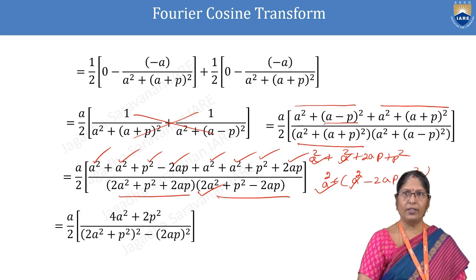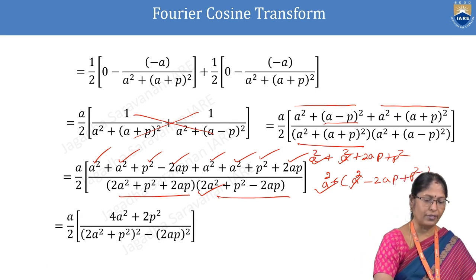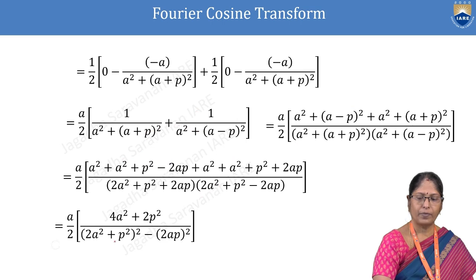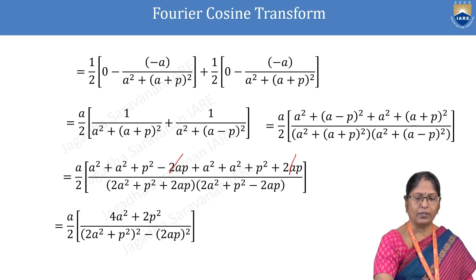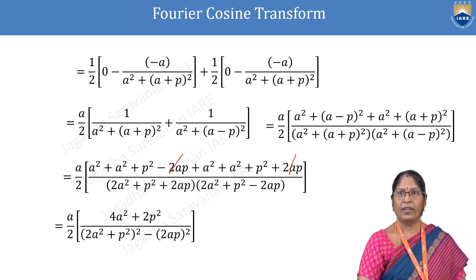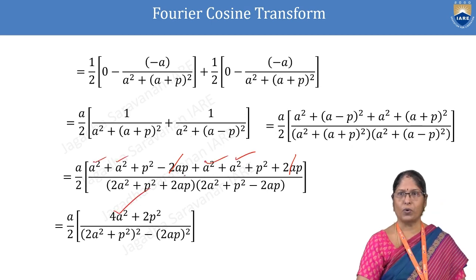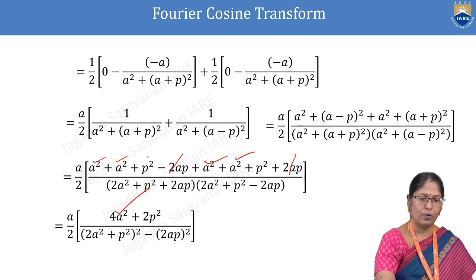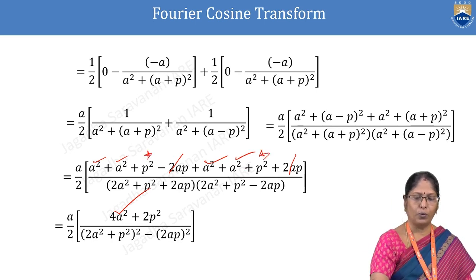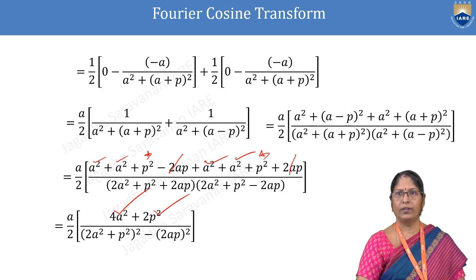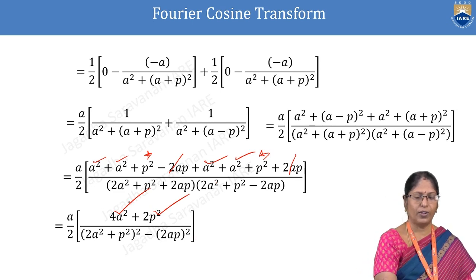We are noticing a few terms are getting cancelled. This term is getting cancelled. A square, we counted 1, 2, 3, 4, 4a square, p square 1, 2, so 2p square.